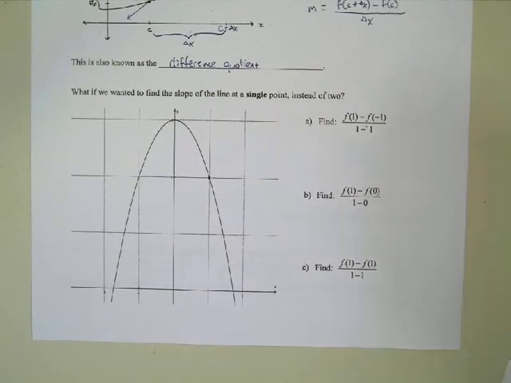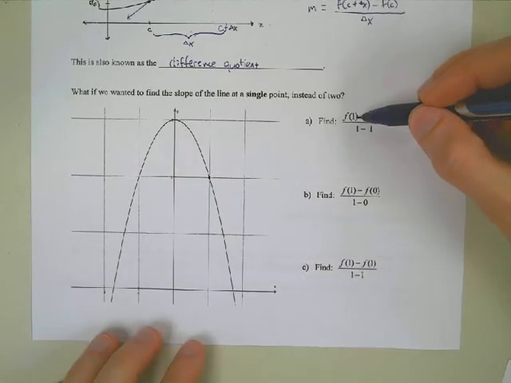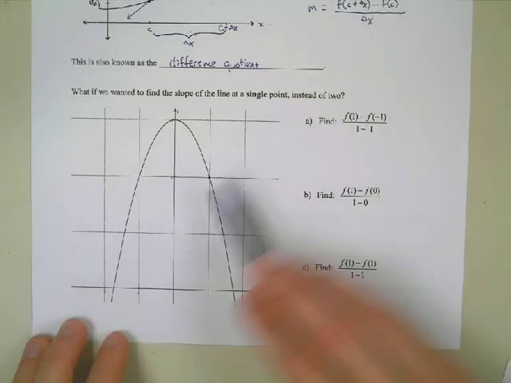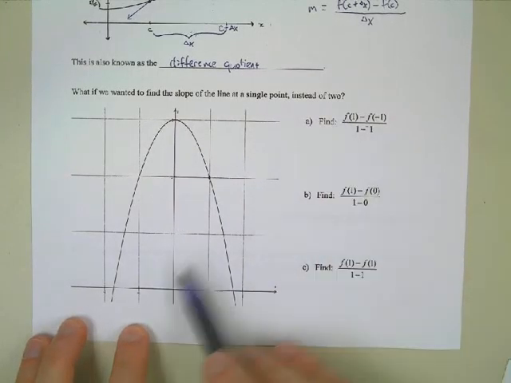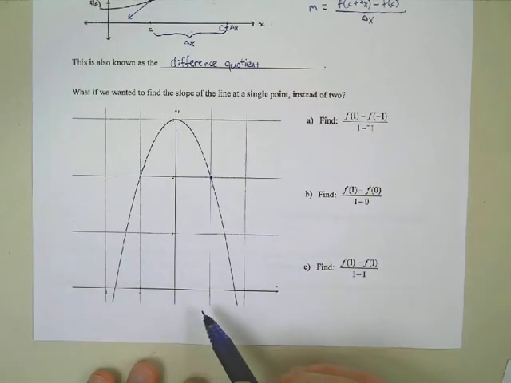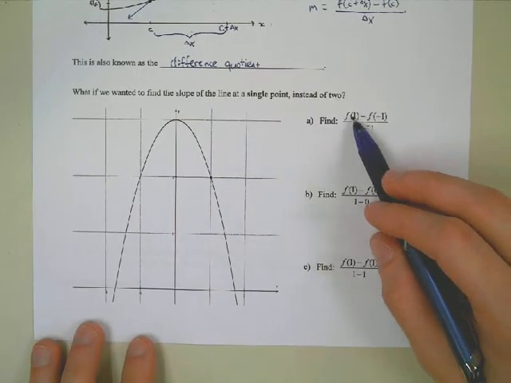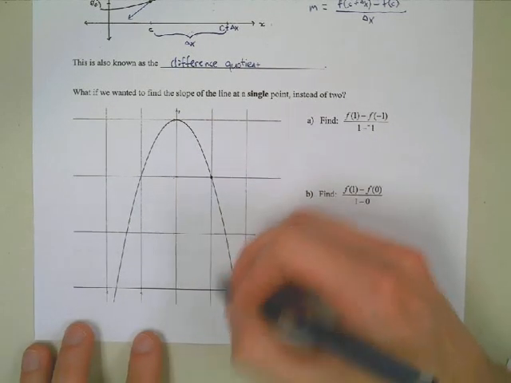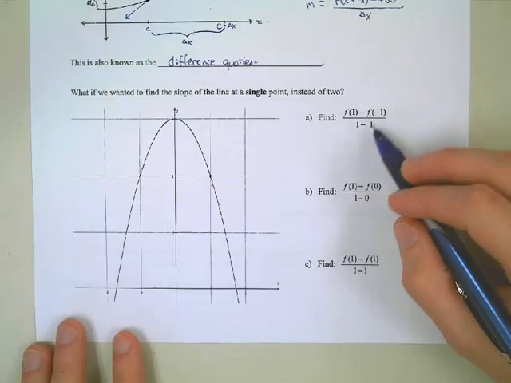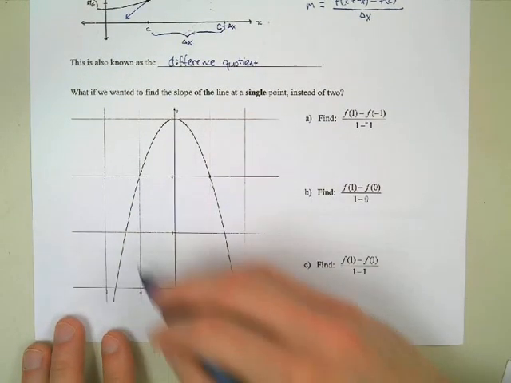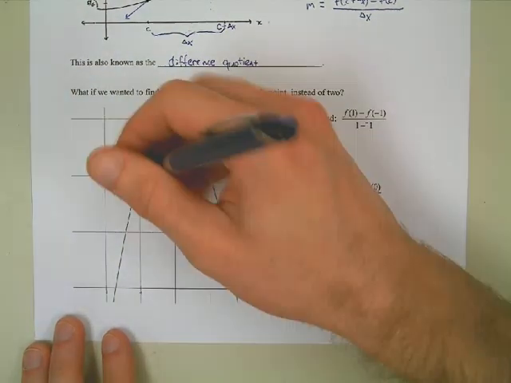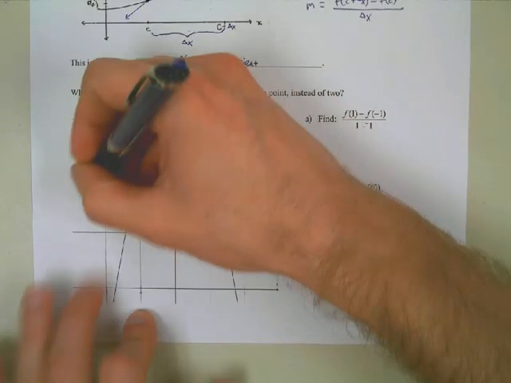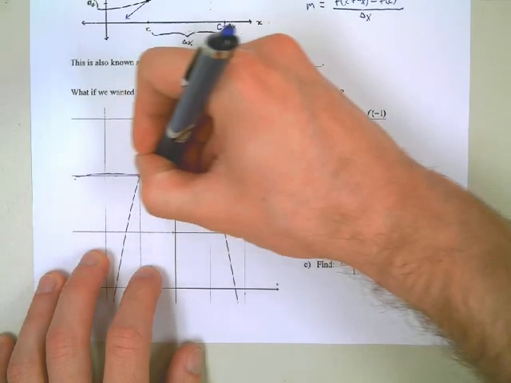The first thing I'm going to have us do is find the slope from the point 1, f of 1, and there's the curve right there. We're going to find the slope from here, and then from the point negative 1, f of negative 1. So we're going to find the slope from this point to that point right there first.